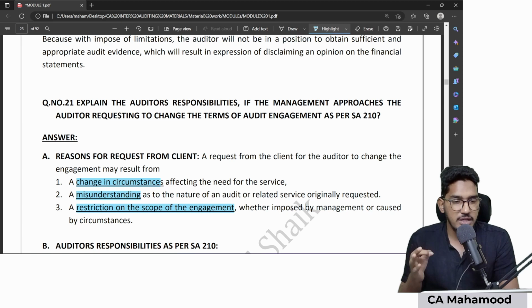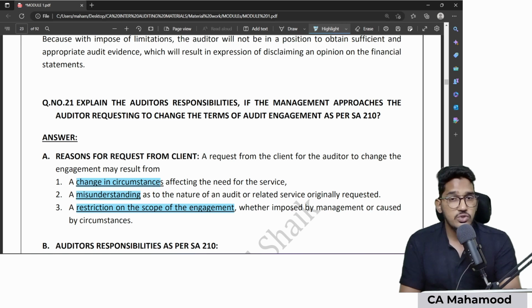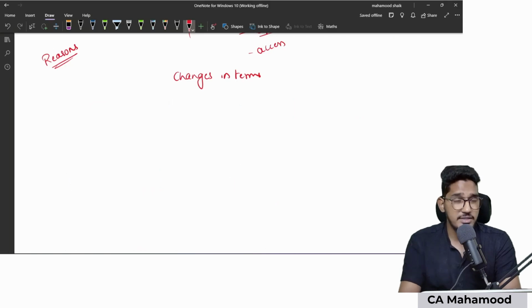So a request from the client to change the terms of engagement can happen because of any of these reasons. It could be because of change in circumstances, misunderstanding of the terms originally agreed, or even restriction on the scope of the auditor. So these could be the reasons why the client will approach you asking for the changes.